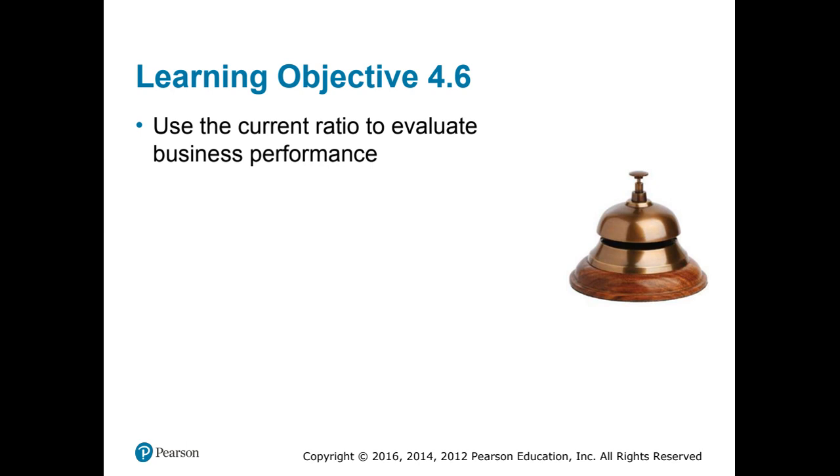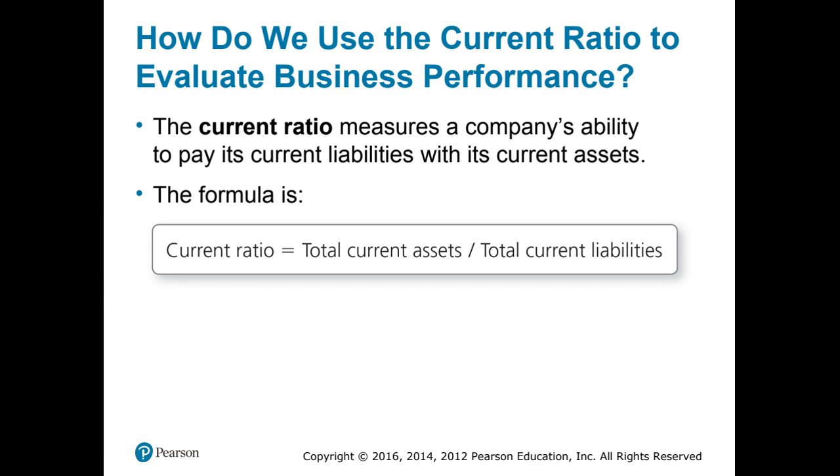Use the current ratio to evaluate business performance. The current ratio measures a company's ability to pay its current liabilities with its current assets. To calculate the current ratio, total current assets divided by total current liabilities.